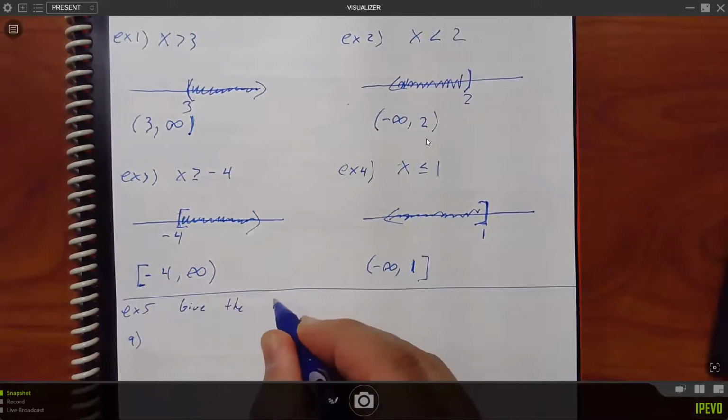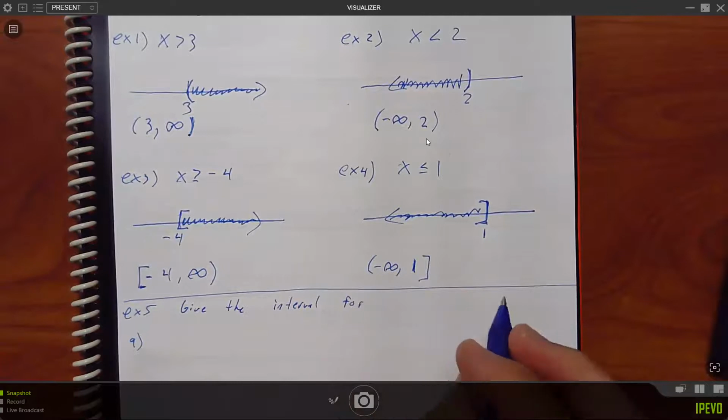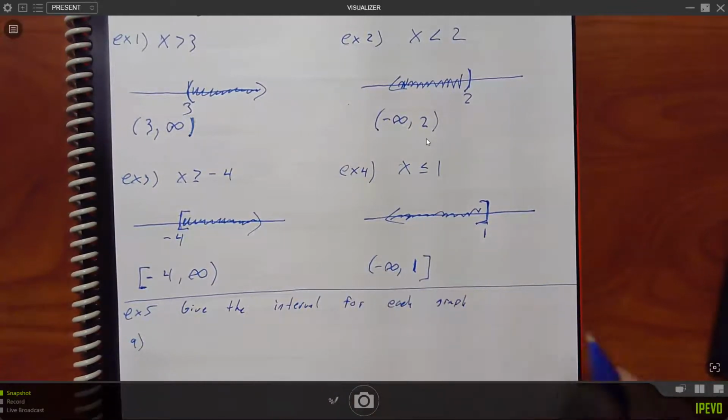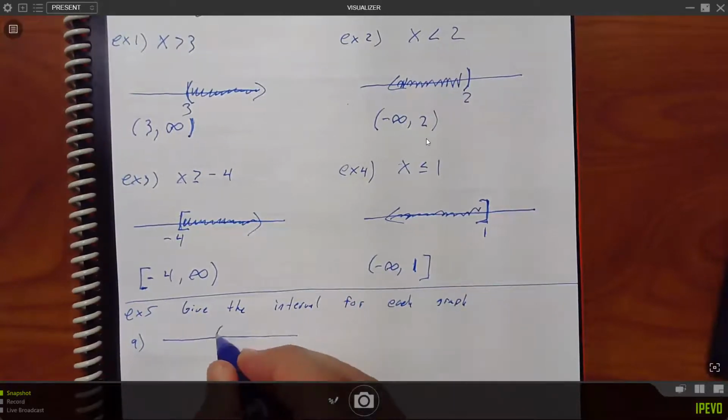To give the interval for each graph. No, so here's a graph. Here's pi, and it keeps going this way.